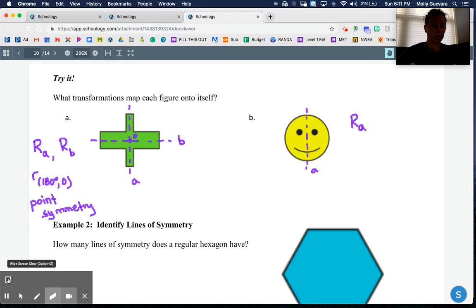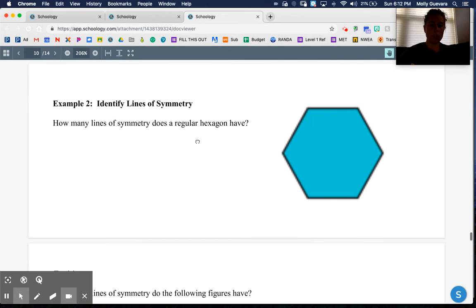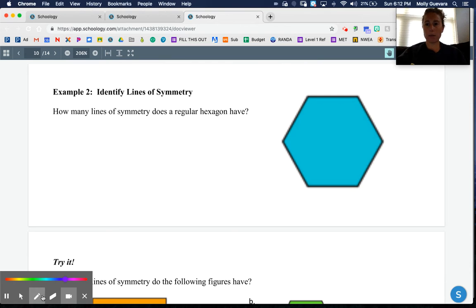Okay, let's move on to example 2. Example 2 is just asking me to find how many lines of reflection or lines of symmetry there are. So I'm just going to start drawing lines, right? So here's one, here's one, here's one.